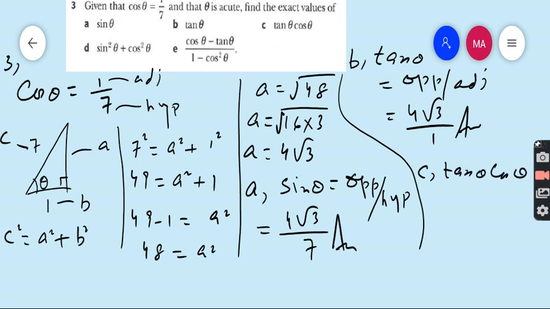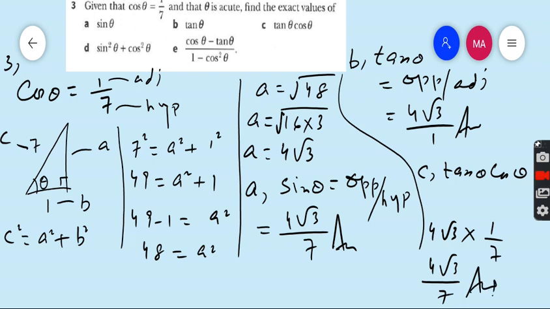Tan theta we have found in part B. Cos theta is given, 1 upon 7. So the final answer is 4 root 3 ones are 4 root 3 upon 7. This is our final answer.